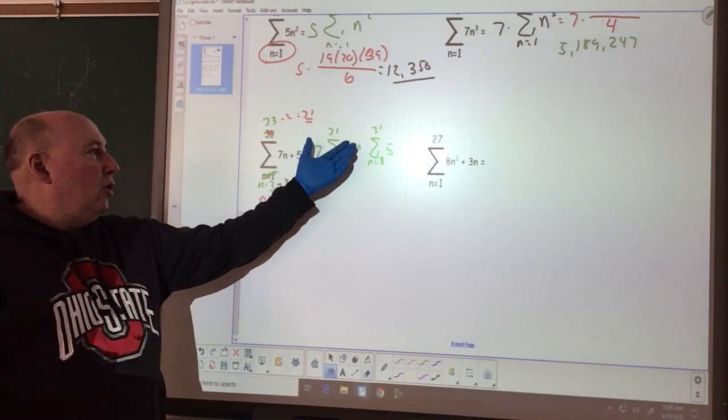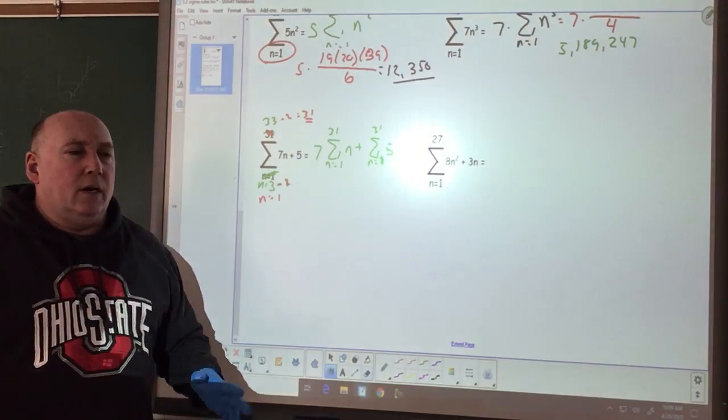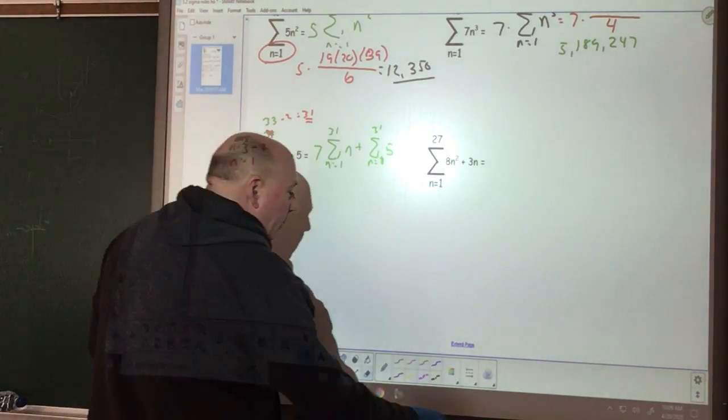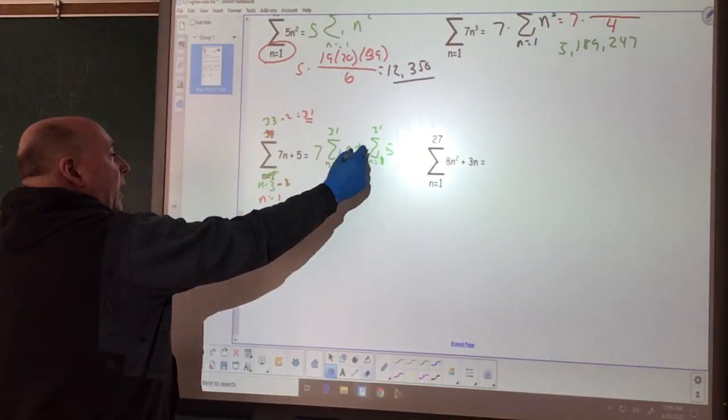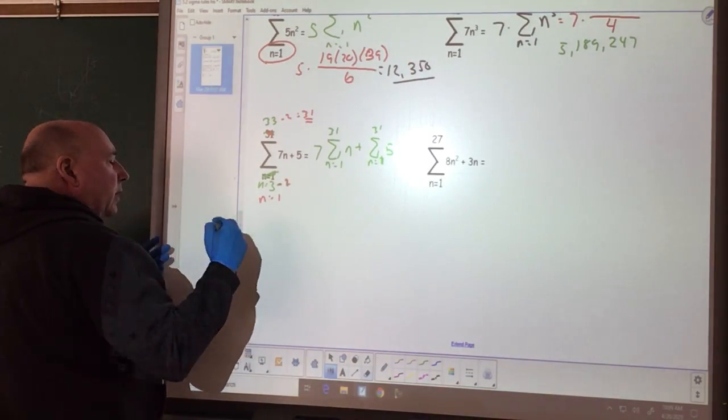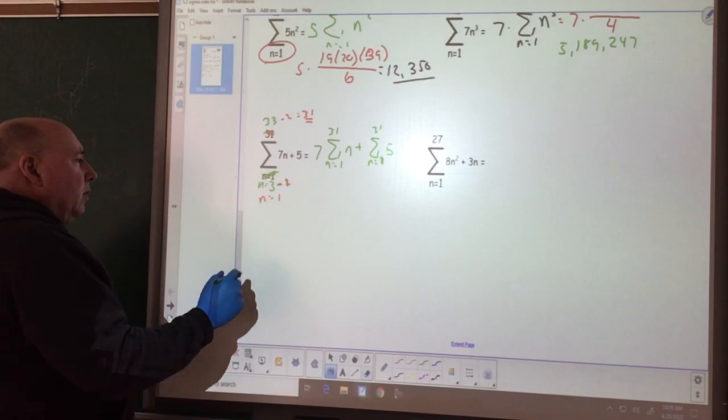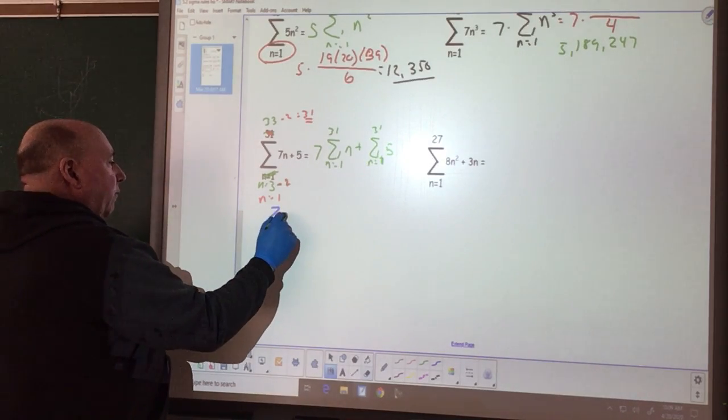What I tend to do when I have a couple of terms is do them separately. I can write it out like this, but it keeps it straight in my mind and I don't get confused.